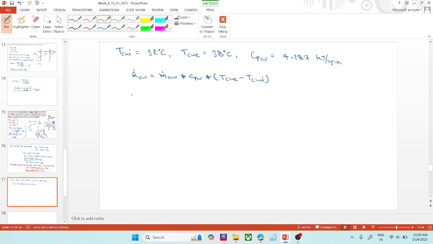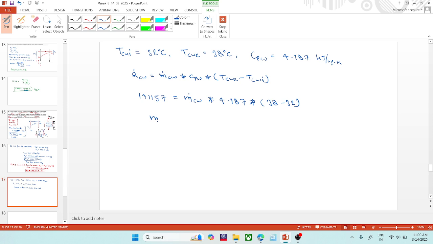Okay, so when we put the values here, the heat transfer rate is 141157 equals the mass flow rate of the cooling water into 4.187 into 38 minus 32.